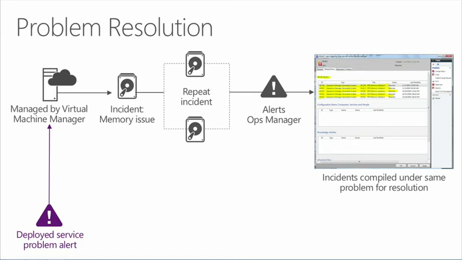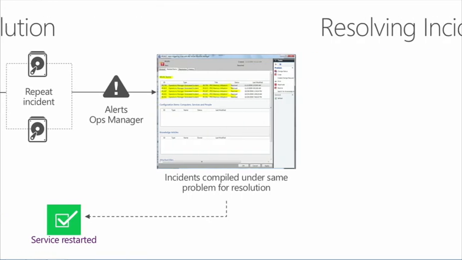It's a repeat incident. When that happens, that alert gets thrown in Ops Manager, and I can then kick that off for the service to be resolved via Service Manager. Because Service Manager tells me what the problem is and where I can pull that knowledge base information from. And that service can be restored with minimal downtime to end users and to customers.